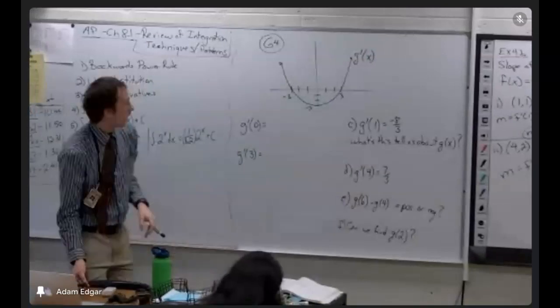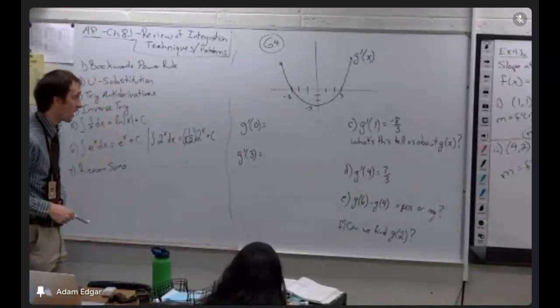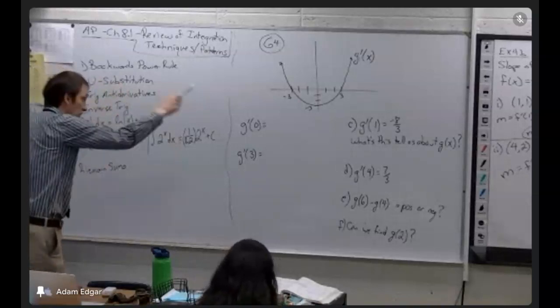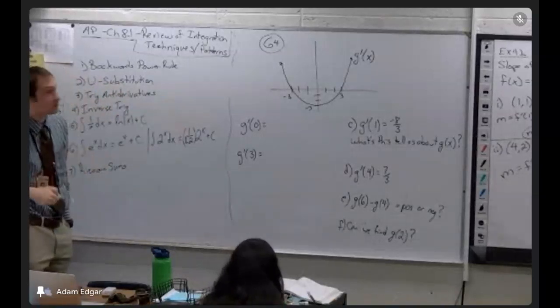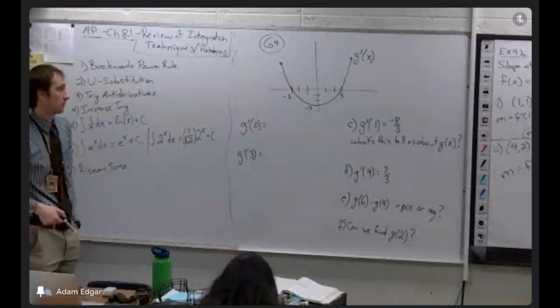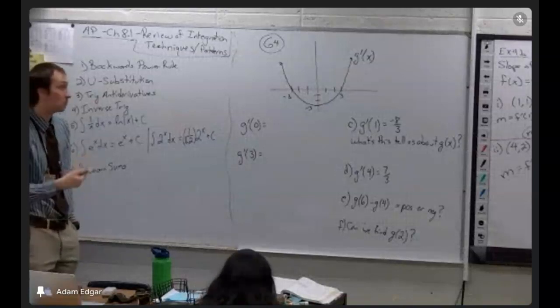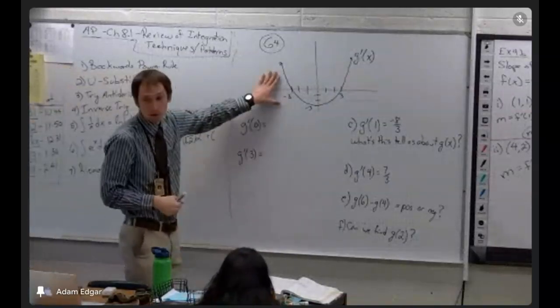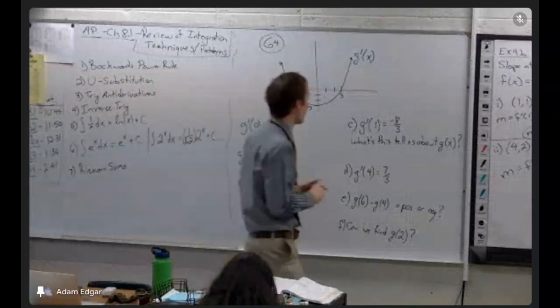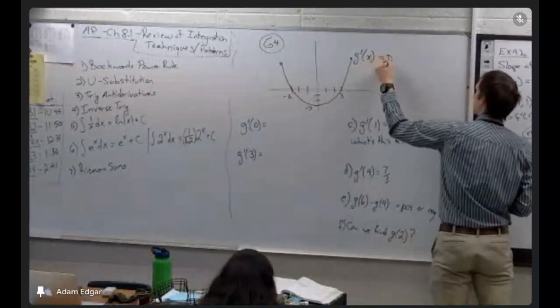All right, 64, not on the homework, but a good problem for us to think about and discuss. First of all, look at the graph. What is this a graph of? G prime of x. It is a parabola, but it's a graph of what function? G prime. So this is a derivative.